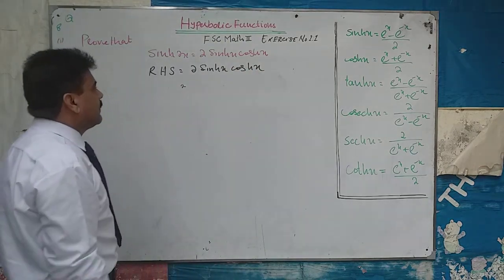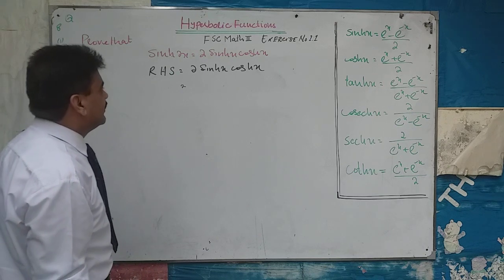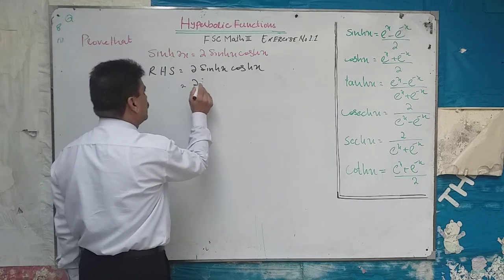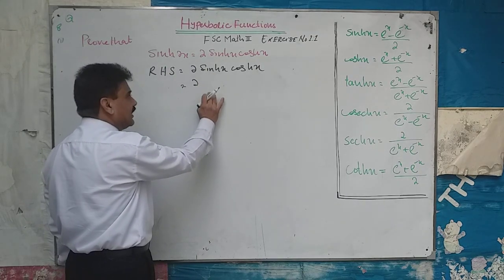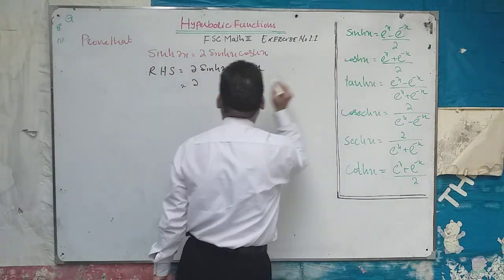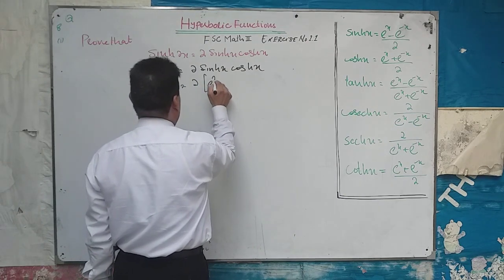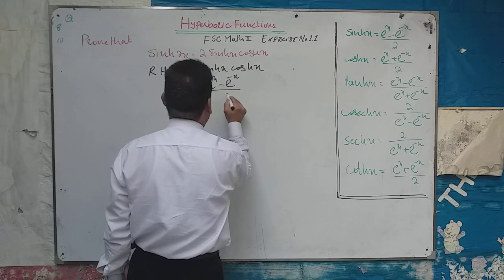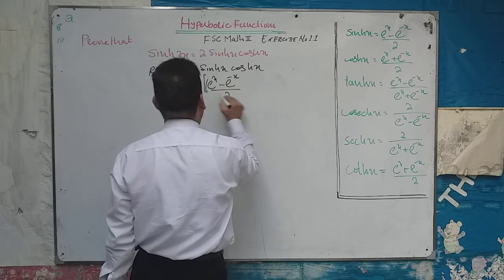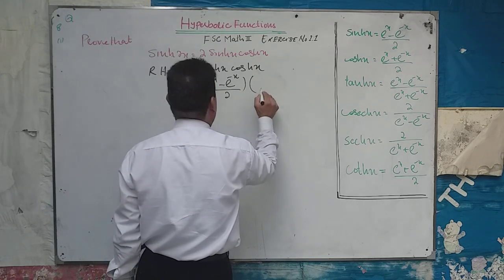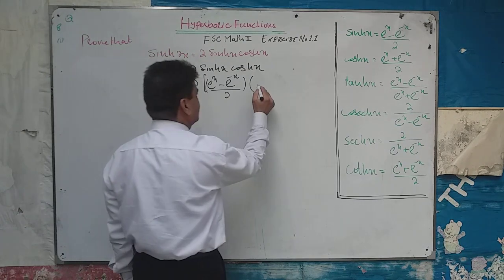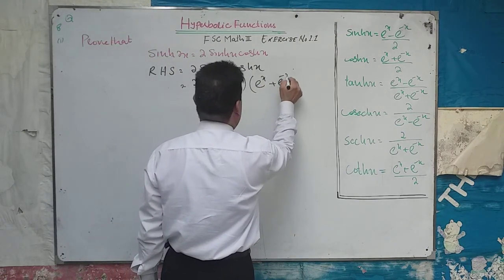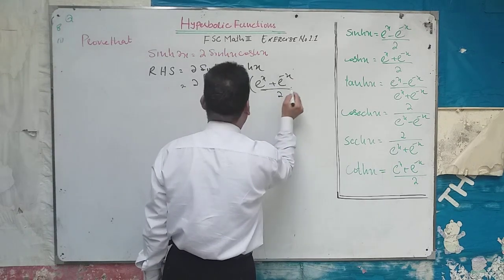We write the exponential form: the value of sin hyperbolic x is e raised power x minus e raised power minus x by 2. Similarly, the value of cos hyperbolic x is e raised power x plus e raised power minus x by 2.